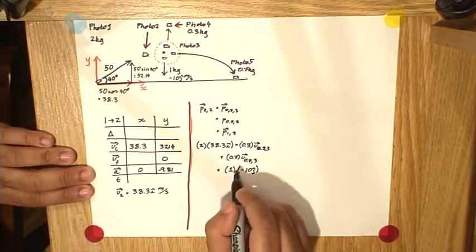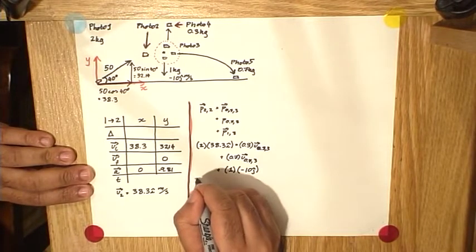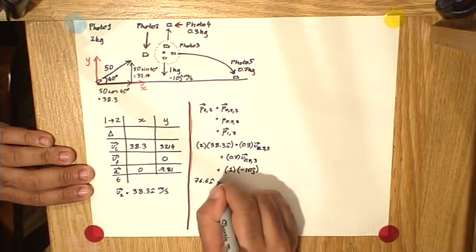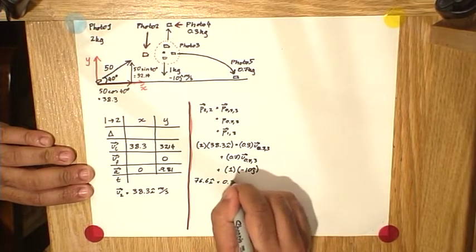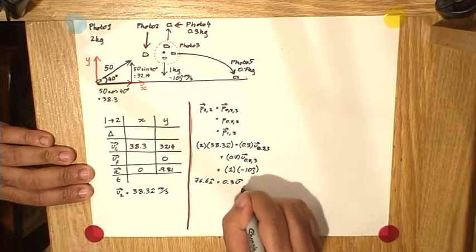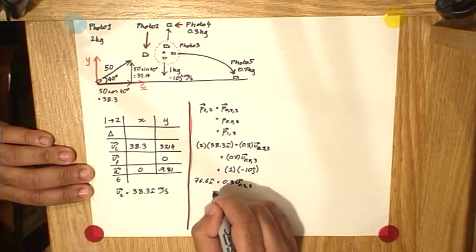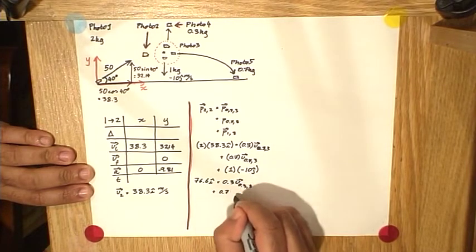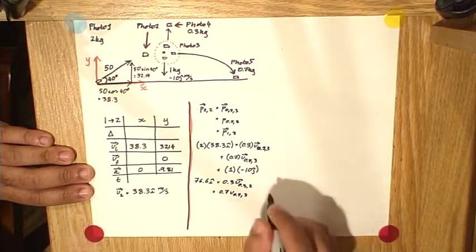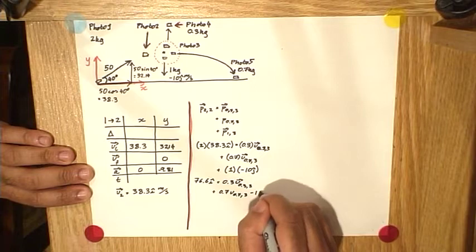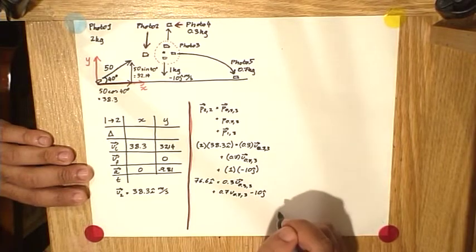So that gives us 76.6 i hat equals 0.3 times the velocity of the 0.3 fragment in photo 3, plus 0.7 times the velocity of the 0.7 kilogram fragment in photo 3, and 1 times negative 10 will give us minus 10 j hat.